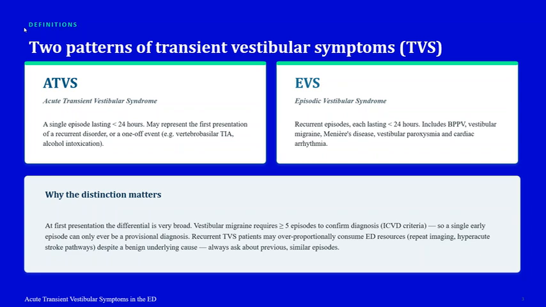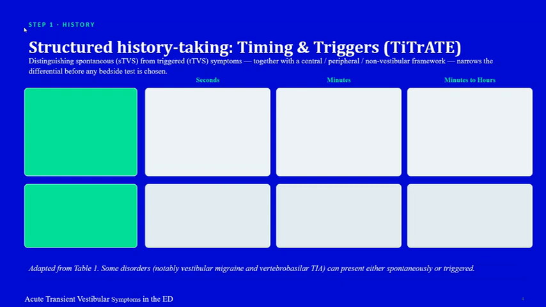Recurrent transient vestibular symptoms, patients may disproportionately consume ED resources, that is, repeated imaging and hyperacute stroke pathways, despite a benign underlying cause like vestibular migraine. Always ask for previous similar episodes and a history of otherwise common migraine.